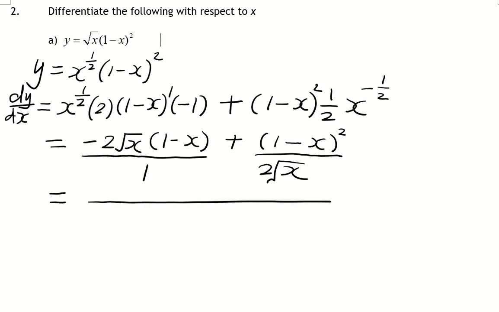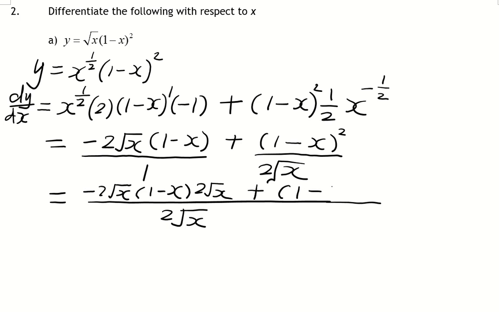The single fraction's denominator is 2 root x. So this first term, the numerator, which is minus 2 root x times (1 minus x), you have to multiply it with another 2 root x. And this second term, the numerator remains the same because the denominator is really 2 root x.